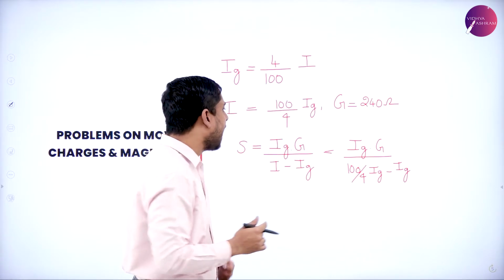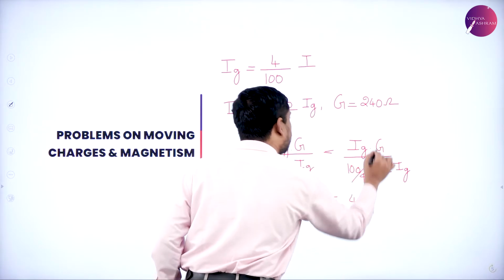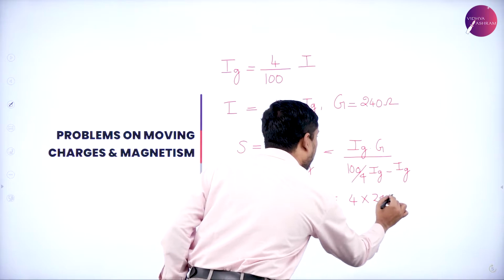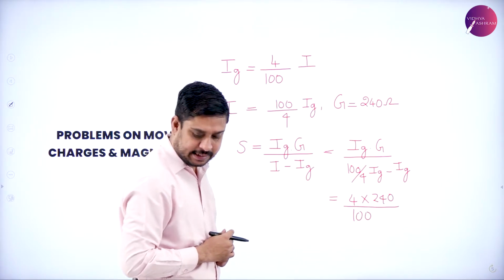So Ig gets cancelled. So this is 4 into G, 240, divided by 100 minus 4.